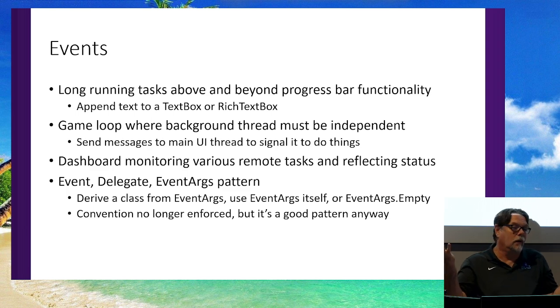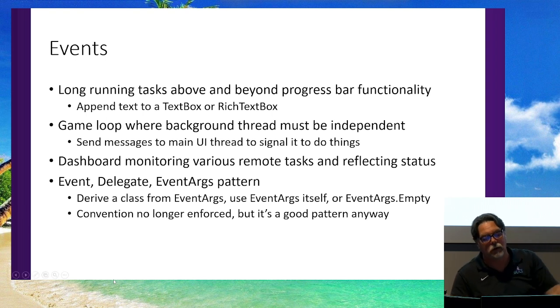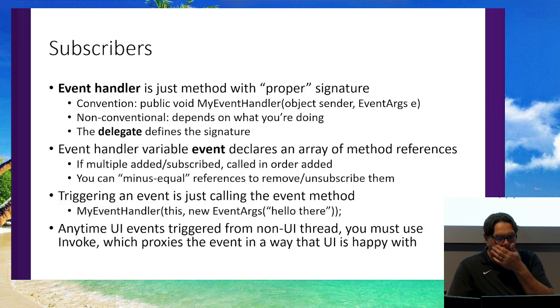It could be. I don't know. It's just kind of sloppy and loose, and I like the convention. So I would still recommend to you, if you're creating an event handler method, make the signature take an object and an event args, because it's just good practice. It's a good pattern. We didn't gain anything as Windows developers by losing the requirement to follow that convention. Maybe that's the best way to put it.